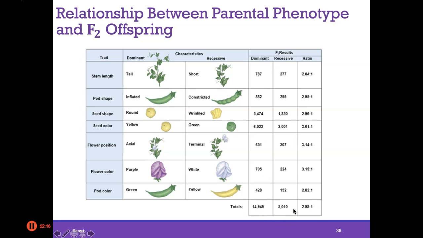He counted over 20,000 different plants, and combined, all these traits gave the same ratio of 3-to-1 in the F2 generation. So this shows that the recessive trait that gets masked in the F1 generation reappears in the F2 generation, right? 1 to 3, right? 1 recessive to every 3 dominant.